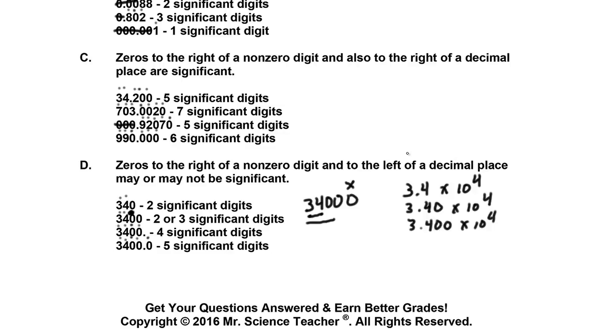Let me give you an example. Let's say that we were to buy some silver and the silver was 99% pure. So that would be 0.99 pure. Sometimes you might see it called 2N or 2 nines. It's 2 nines pure. So 2N.